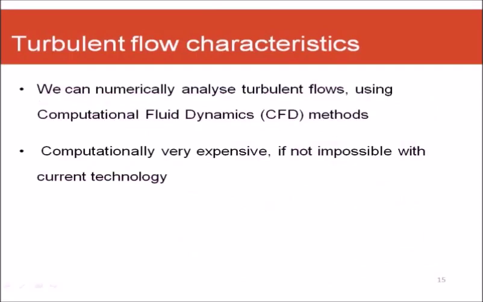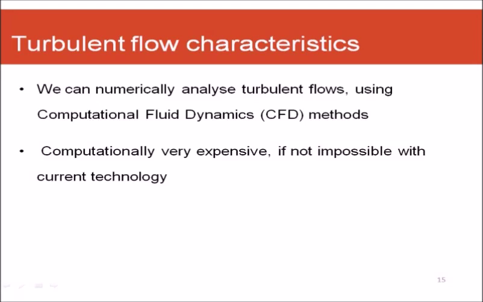Analytical solutions of the Navier-Stokes equations for turbulent flow are impossible because there are 9 new unknowns and the number of equations is less than the number of unknowns. So we need to create new equations to match the number of unknowns.